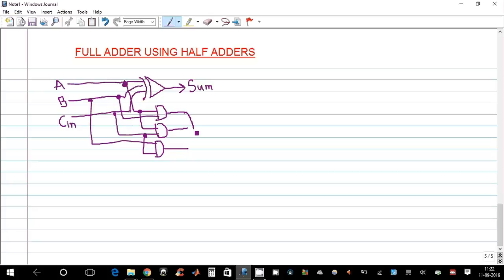Now we need to OR these 3 inputs with a 3 input OR gate. So this will result in our carry.